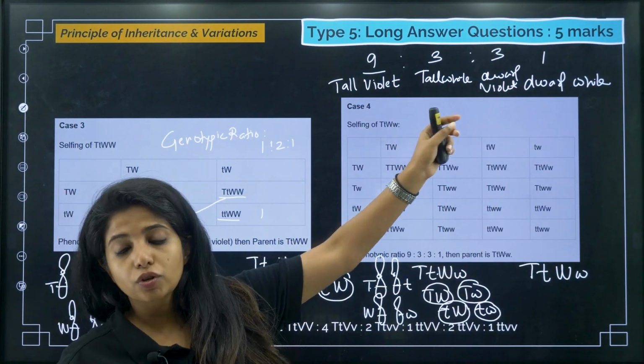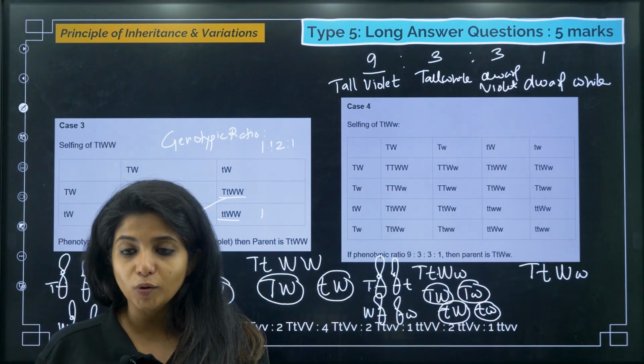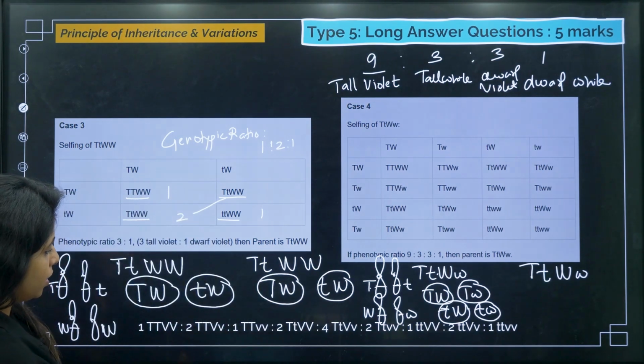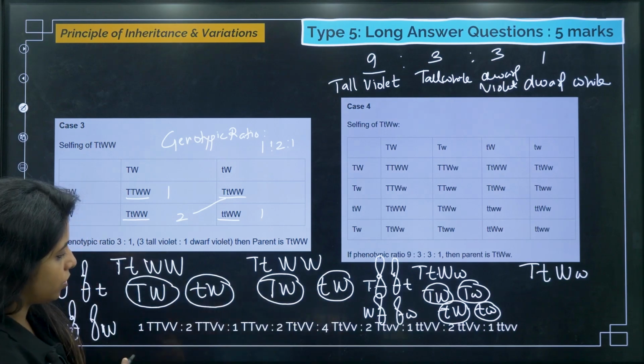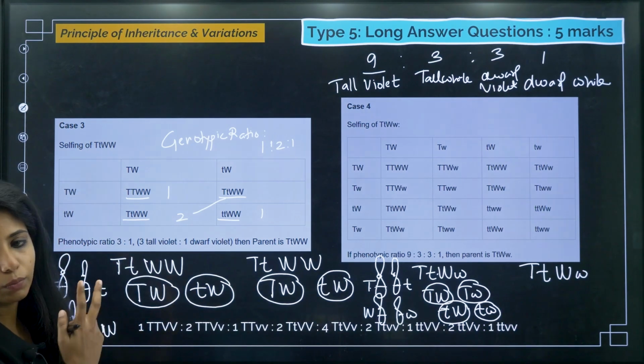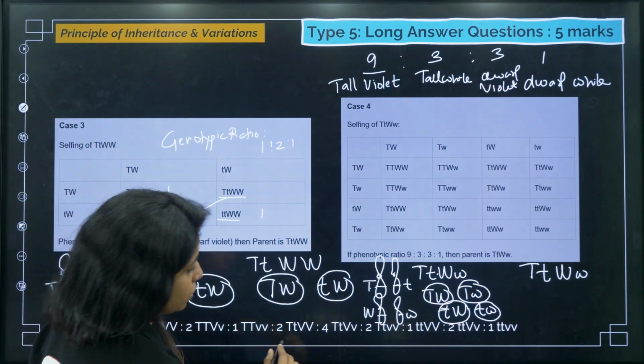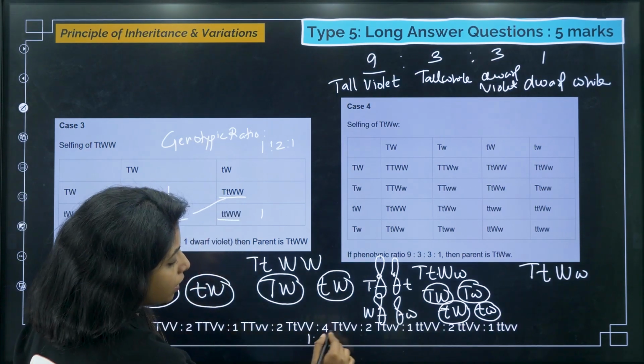This is 9:3:3:1. What about the genotypic ratio? What about the genotypic ratio over here? So the genotypic ratio will be this, children. Here WV is mentioned, but understand it's W only. So over here, how can I explain it to you? No one will ask you to tell the entire genotype.